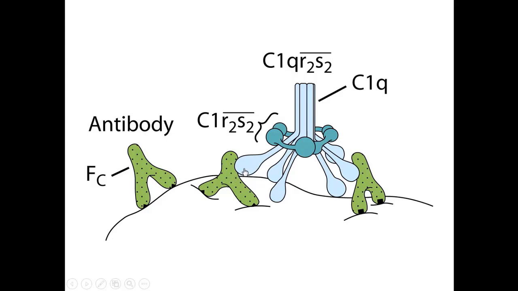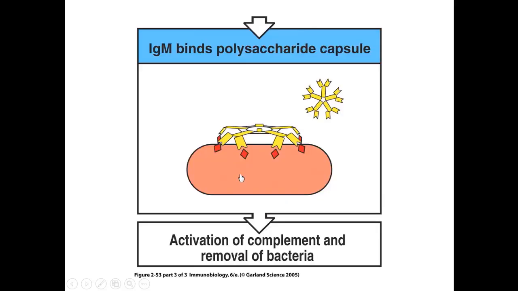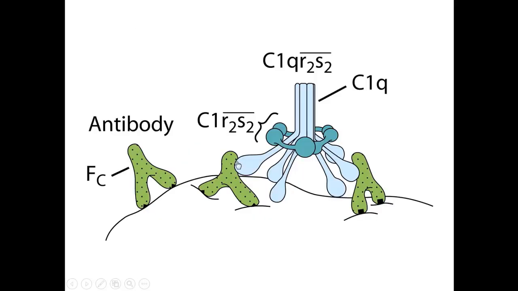Then C1 binds to the CH2 region of the IgG antibodies from the head of C1q. For activation of the classical pathway, two heads of C1q must bind to the Fc region of two molecules of IgG, as you see here.